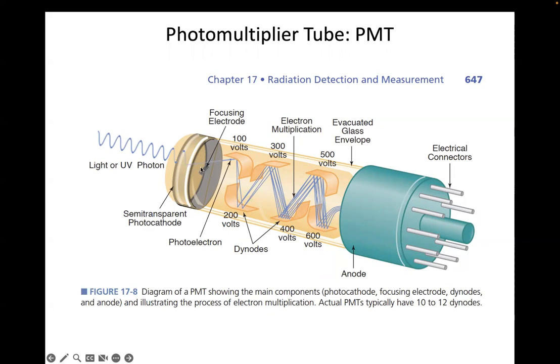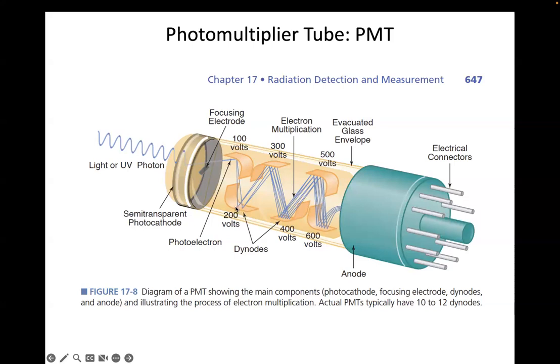What happens here is that light in this material makes an electron eject out of the material, and the electron hits this, it's called a dynode, which is a piece of metal, essentially, that's at a higher voltage than this. That electron hits the piece of metal and causes, say, 2 more electrons or 4 more electrons or whatever to come off of this material. And this dynode is 100 volts higher than this one. So they all fire down towards this dynode.